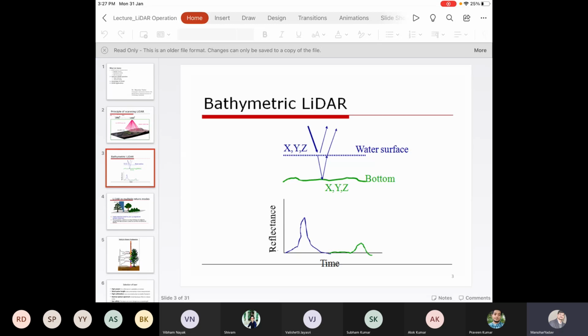So these three parameters ultimately determine how dense the laser footprints are on the ground. So that is the basic mechanism through which laser scanning is performed using an airborne platform.